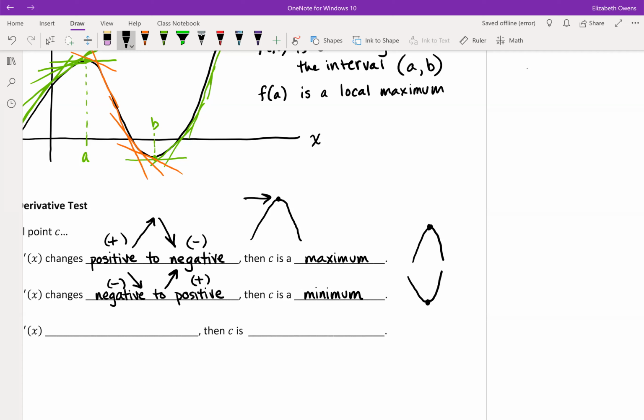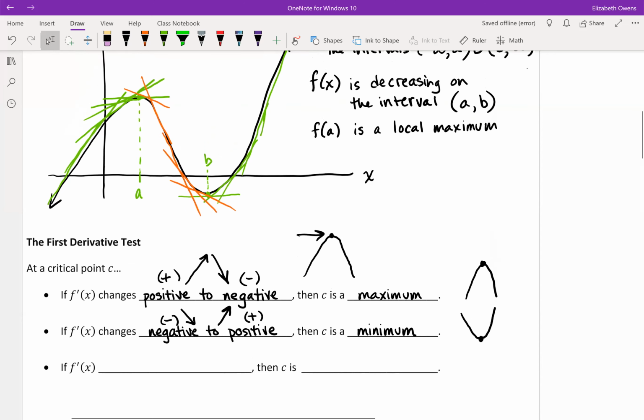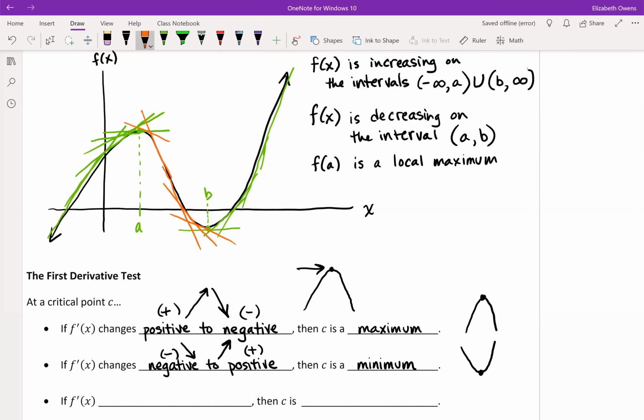Okay, and so we can see one of those on our little graph as well here. Again, the negative derivative values are right in here with those negative tangent slopes. Then the positive derivative values, positive tangent slopes, are right over here.